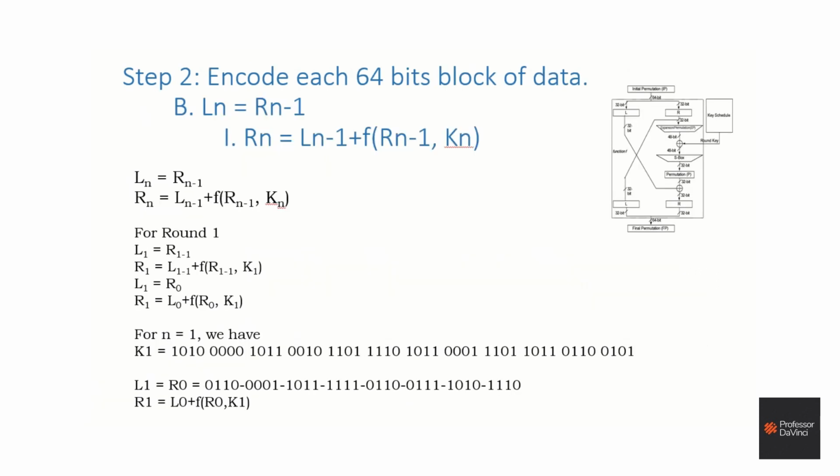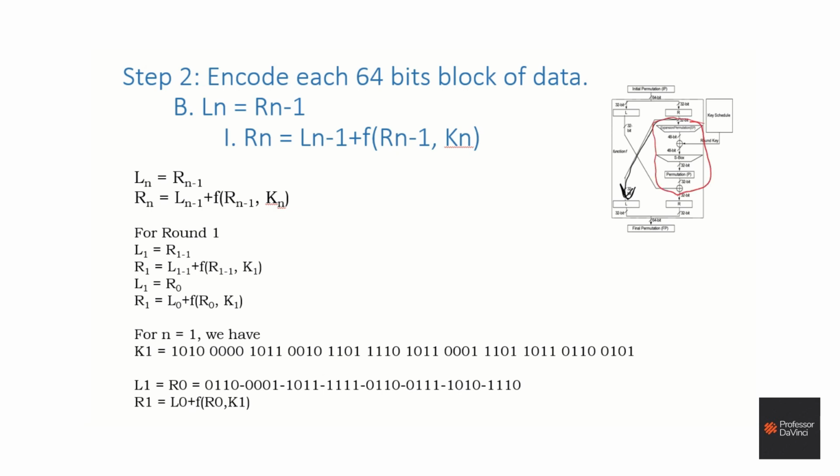Then we need to perform the functions. As we see in the figure, L1 equals Rn minus 1. Whatever the L1, it will be got from the previous step, the right side. To get the right side, we need to perform a series of mathematics.